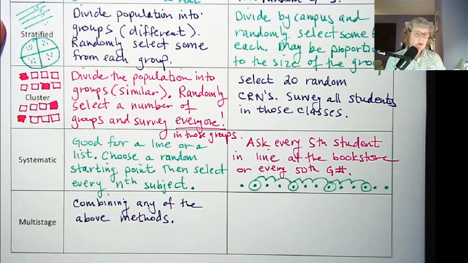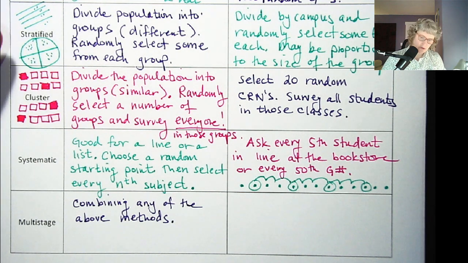Okay, so as an example, and we've actually done this for a campus climate survey because it's really important to get a representative sample, and we'll talk about representative sample in a minute on the next video. An outside survey company came in, and what they did was first they stratified by campus. So they chose a number of CRNs from each campus.